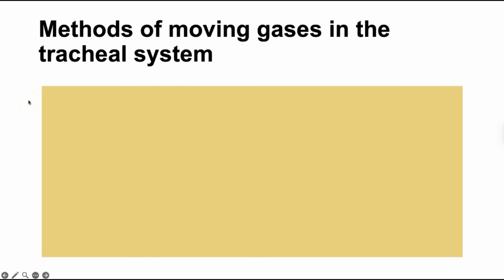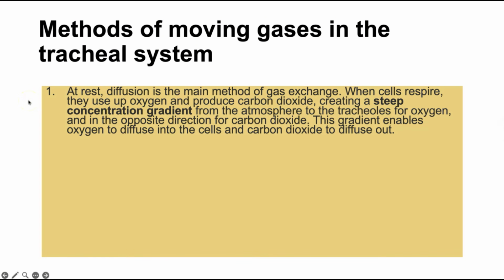Linking to the maintaining of a concentration gradient, at rest, so when the insect isn't flying, diffusion is the main method of gas exchange happening at those tracheoles, and when the cells are respiring, they're using up oxygen and producing carbon dioxide. And that is enough to create a steep concentration gradient from the atmosphere compared to the tracheoles for the insect.